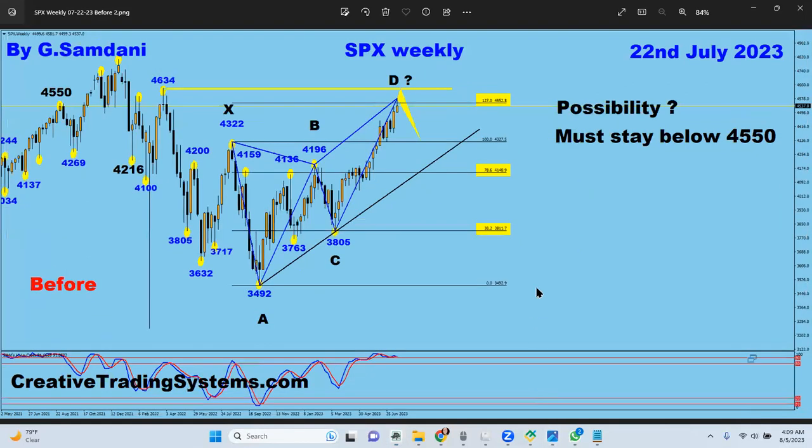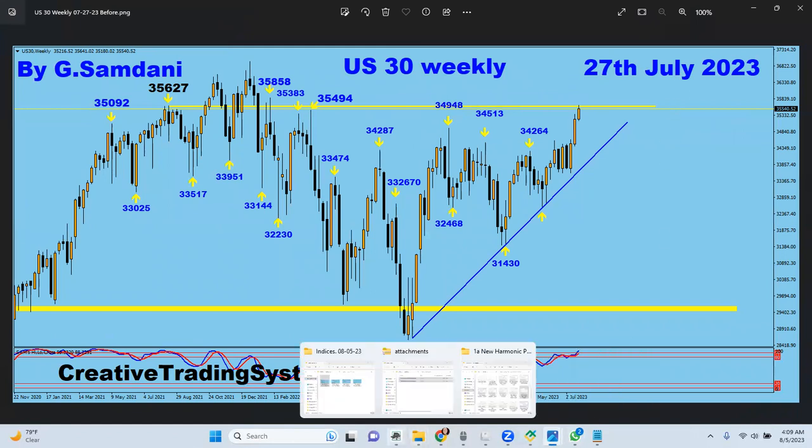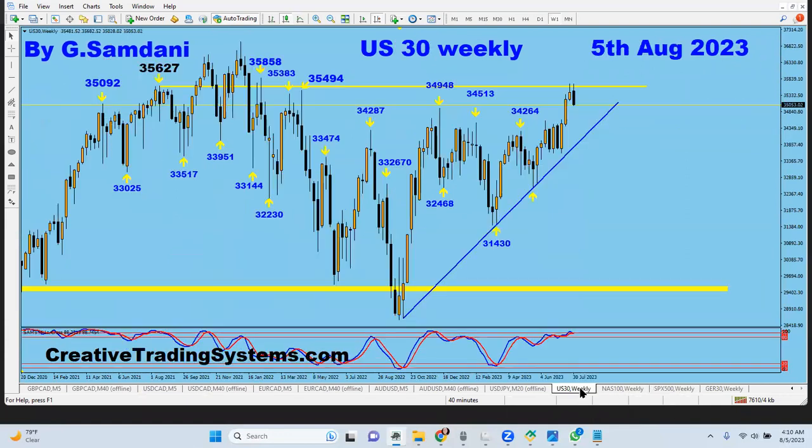And what else? The last but not least is US 30. Again, I forgot to mark here that it's going to get stopped here and drop, but this was the number in question, 35,627. If we can stay below, we would go down. And I made this chart on the 27th of July, right? So as of today, what happened to US 30 is this.